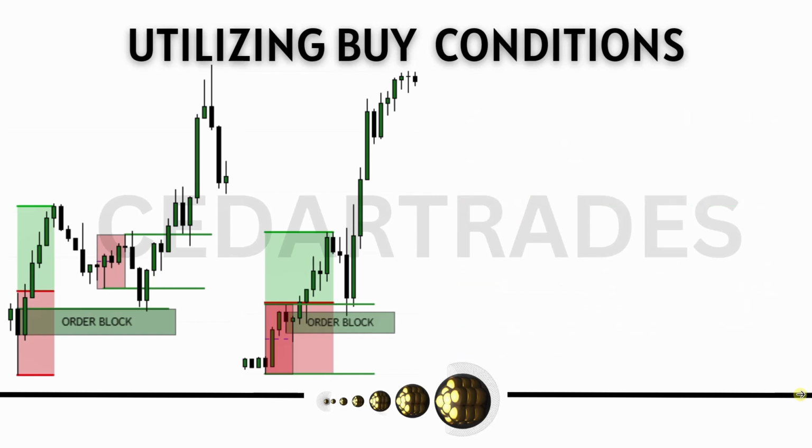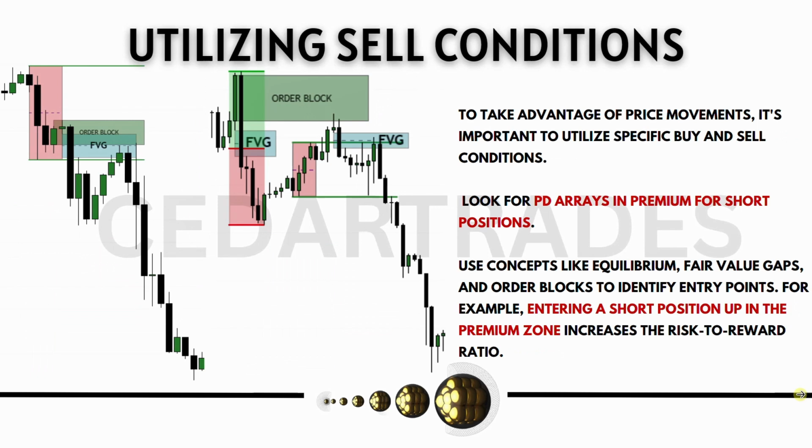Now, to take advantage of price movements, it's important to utilize specific sell conditions, right? And in this slide here, we are looking for PD arrays in premium for short positions, meaning we are looking for price that is expensive in a range, right?